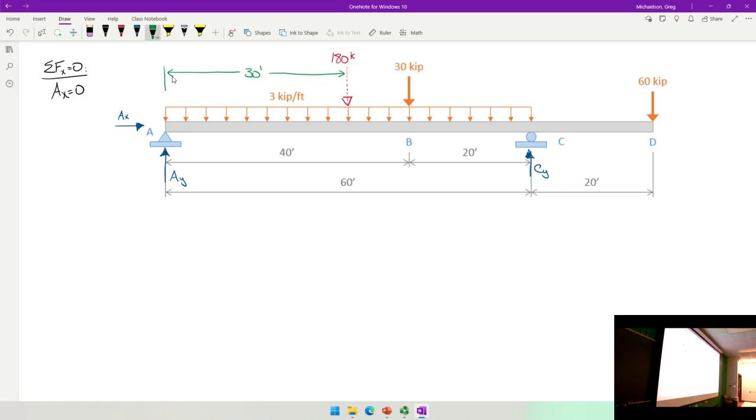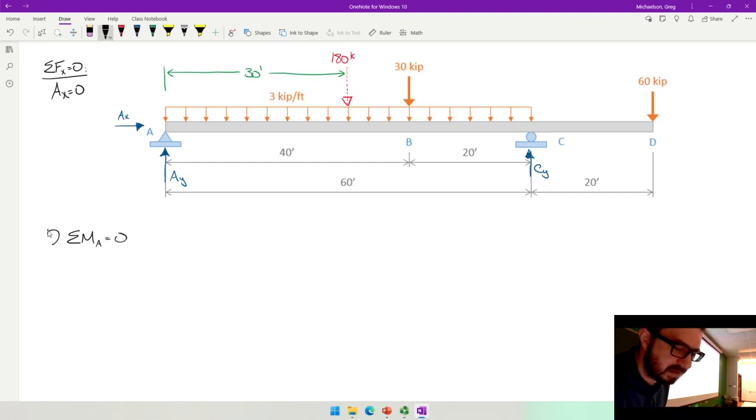okay? And so now I think I'm ready to start computing support reactions. And just because we have a distributed load or we've got this beam that's overhanging over here doesn't mean we handle it any differently than we've done any other problem. We're still going to sum moments.